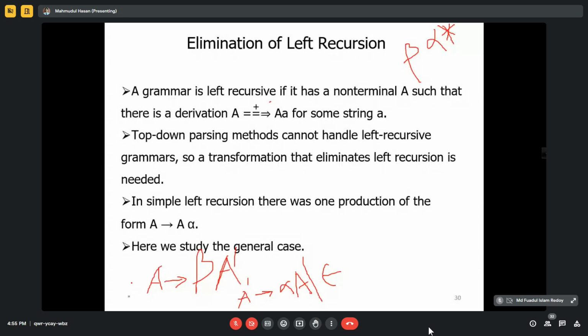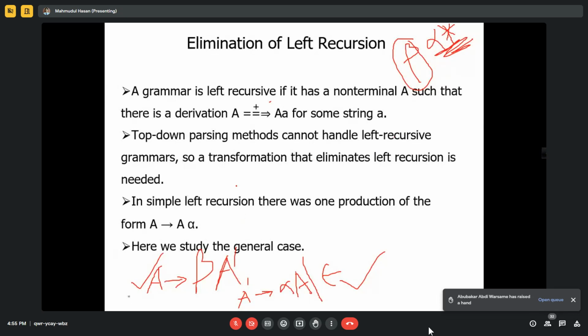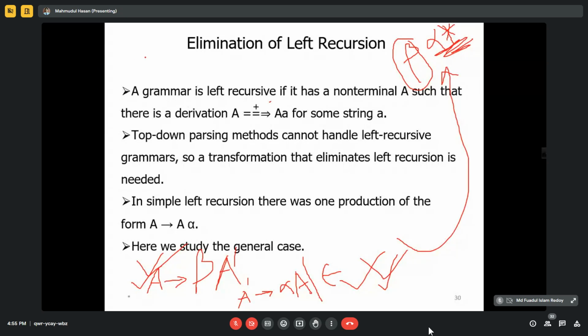So this production rule generates beta, and A dash generates 0 or more alpha. When you replace the left recursive production rule with these two, it is able to generate the same input string but without left recursion.